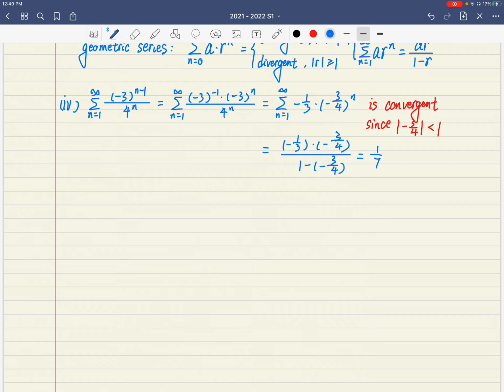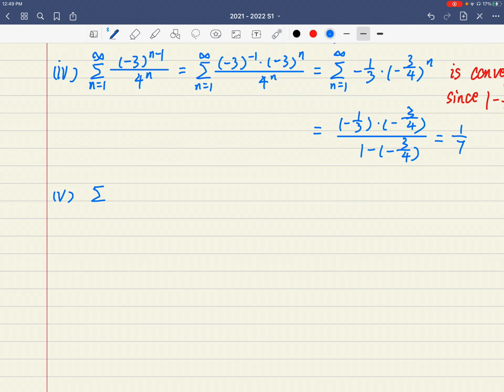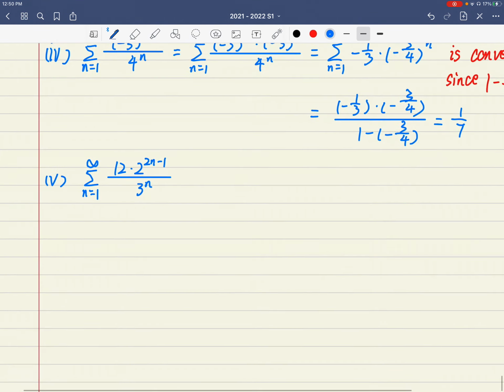All right, problem 5. Summation n from 1 to infinity of 12 times 2 to the power of 2n minus 1, over 3 to the power of n. Again, you want to change it to a times r to the power of n first.